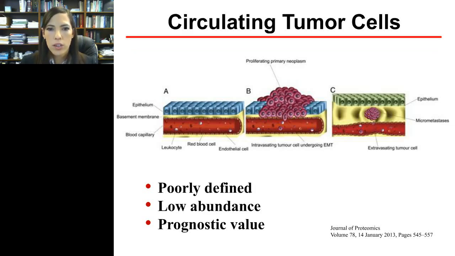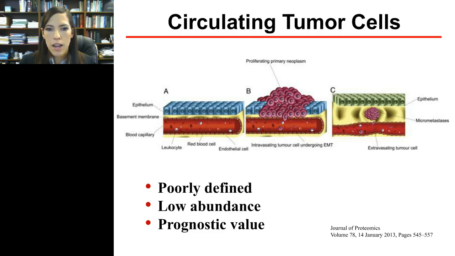So what is a circulating tumor cell? This is a schematic of a blood vessel. So here you see the epithelium, the basement membrane, and then the layer of endothelial cells and the blood vessel. So in part B of this schematic, we see a primary tumor. And so circulating tumor cells are thought to be cells that have been shed from that primary tumor and have intravasated into the systemic circulation.